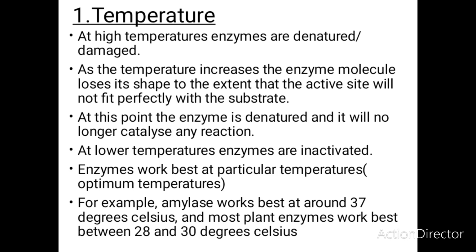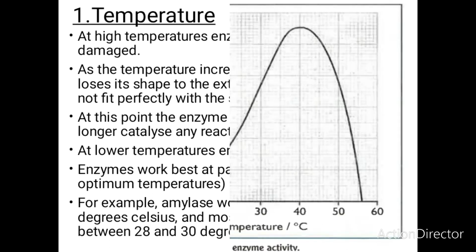This means that the optimum temperature for amylase is 37 degrees Celsius. And most plant enzymes work best between 28 and 30 degrees Celsius. This means that the optimum temperature for most plant enzymes is found between 28 and 30 degrees Celsius.